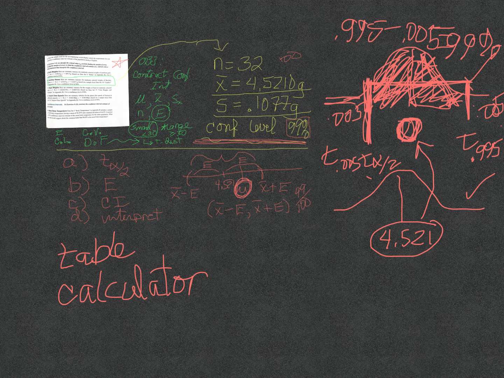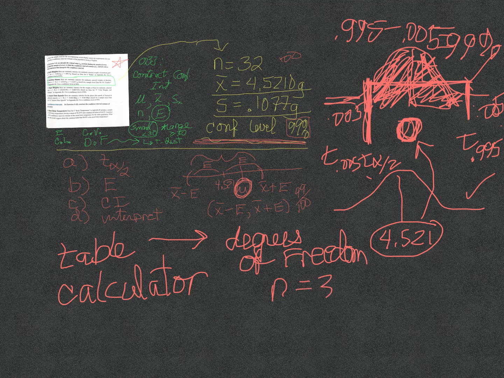Number one, the table. To look it up on the table, you need to know one thing: you need to know the degrees of freedom. The degrees of freedom come from the sample size.